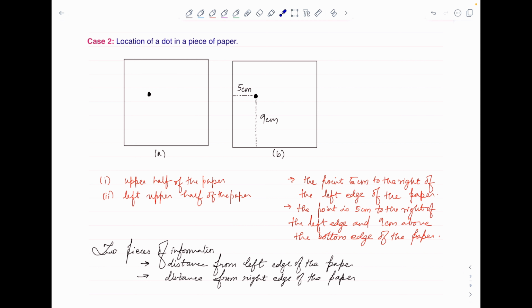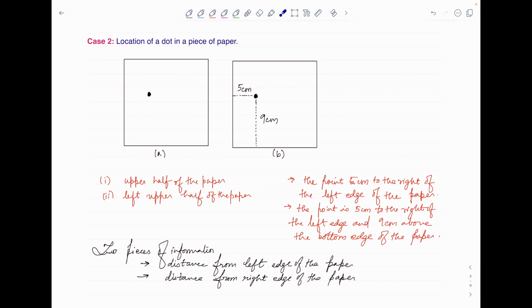You said you need only two pieces of information. One information I am giving you from the left side, and from the right side I am giving you, suppose this is 11 centimeter. This point is 5 centimeter from the left side and 11 centimeter from the right side. These are two pieces of information, sir. Can you tell me whether this is correct or not? I said this is not correct.